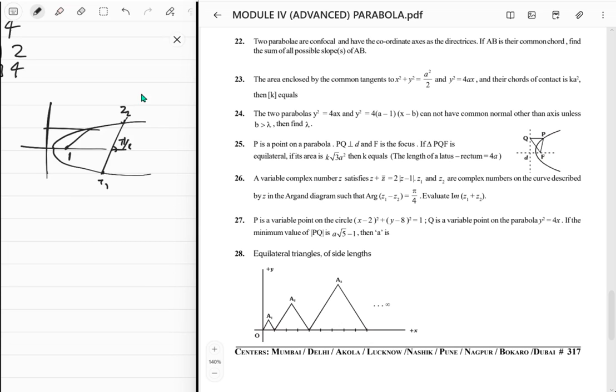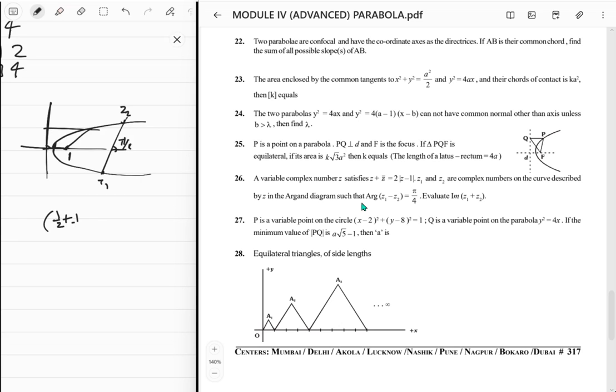So like 2 upon t1 plus t2, if you take these as the actual coordinate axes, although we're not doing that. You actually have to do that now. So this is parameterized: the focus is at 1, so A is 1 upon 2.